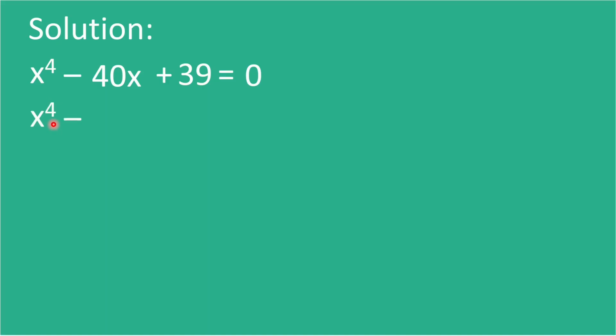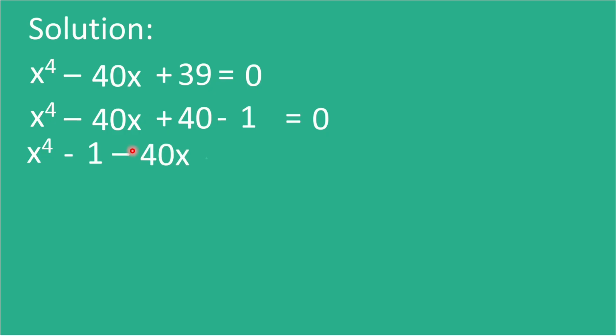x⁴ − 40x + 39 can be written as x⁴ − 40x + 40 − 1 = 0. Now we will rearrange this equation as x⁴ − 1 − 40x + 40 = 0.